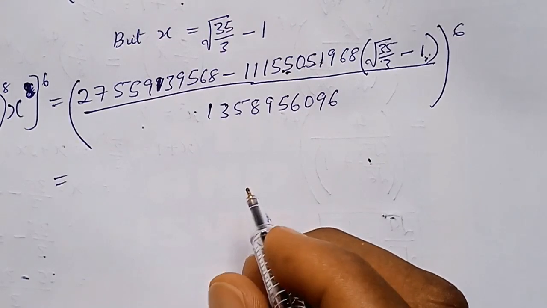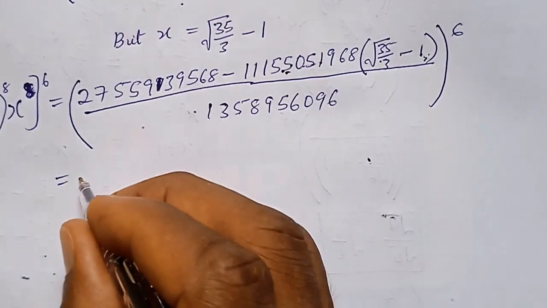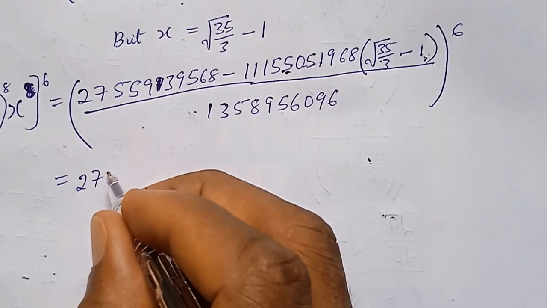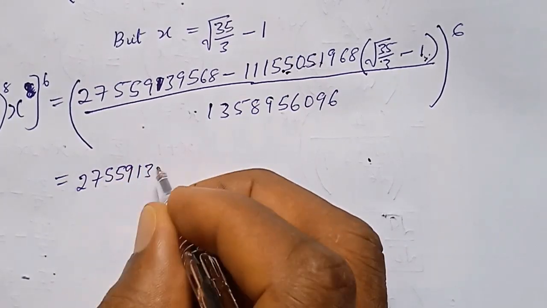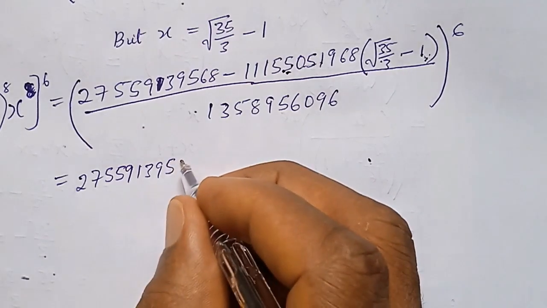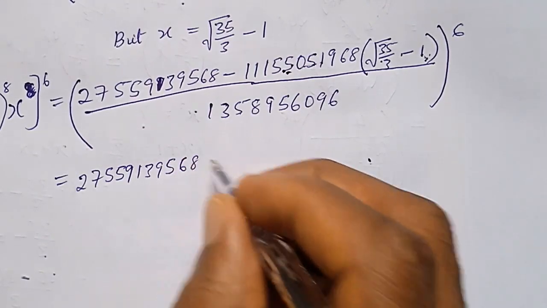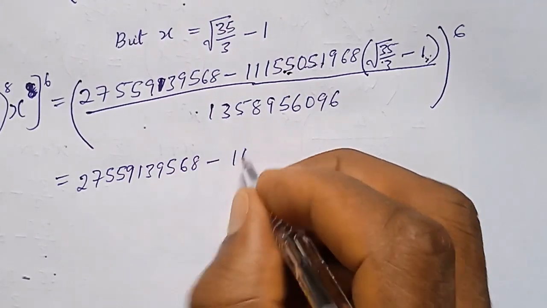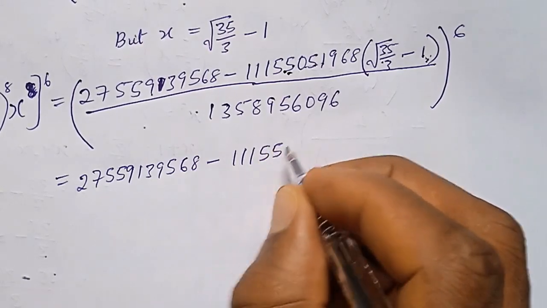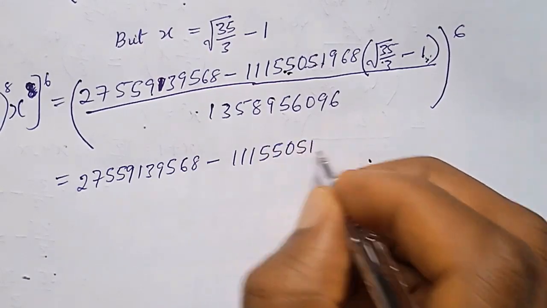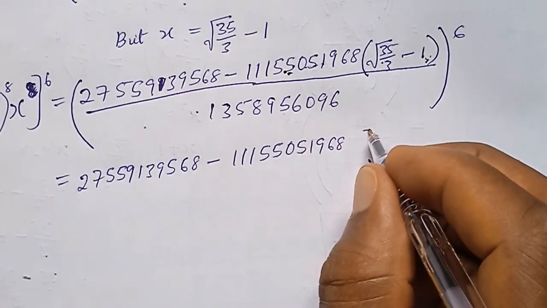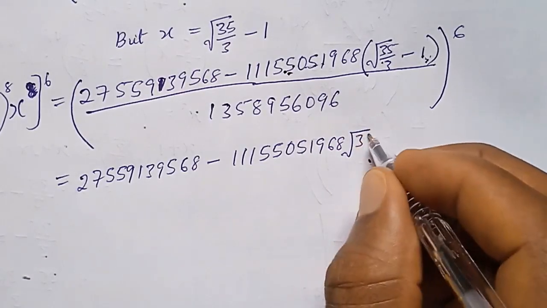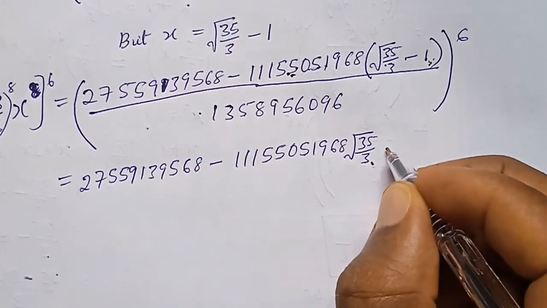So if we do that, we have 27559139568 minus 11155051968 square root of 35 over 3.